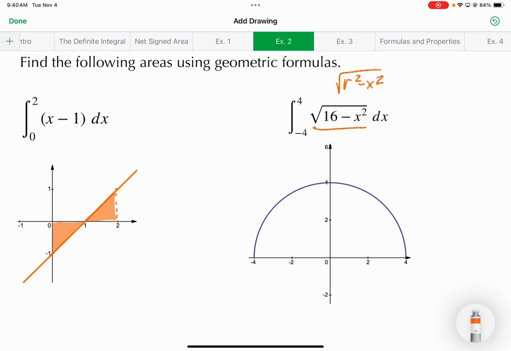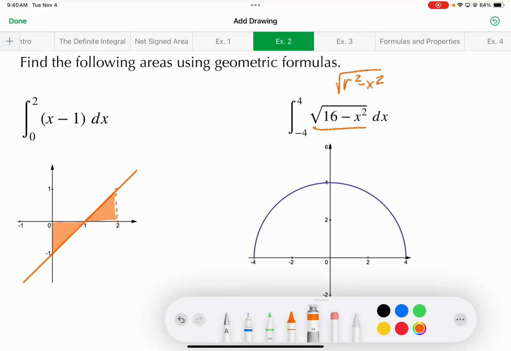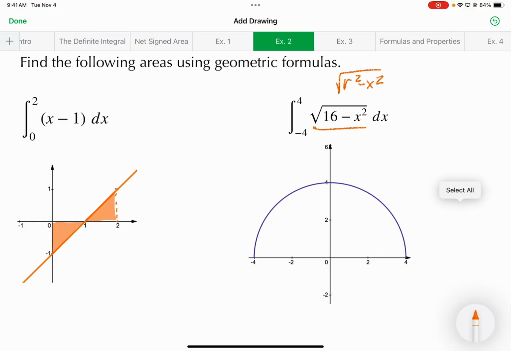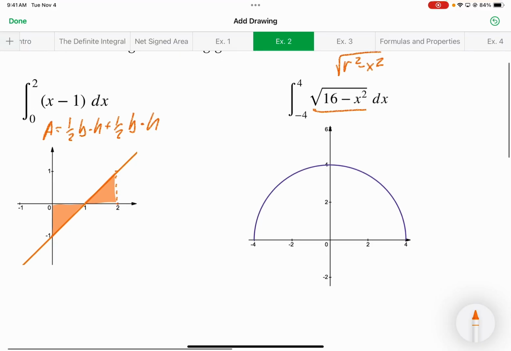What are your thoughts? Maybe we should split this into 2: 1/2 base times height plus 1/2 base times height. But do you have any early predictions? Yeah, if they're both the same, but one is positive and one is negative, it should just be 0, right?